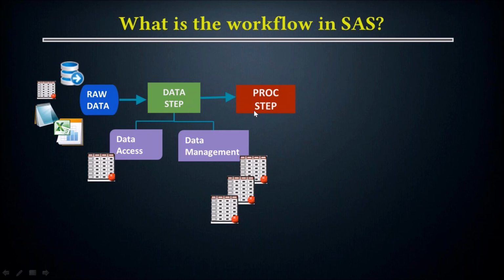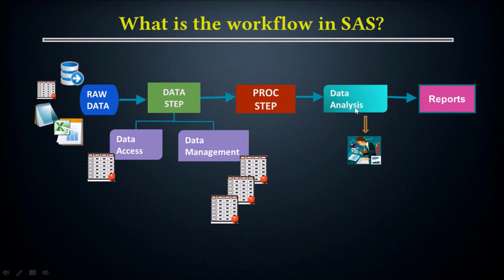After processing these data sets, we can generate some analysis data sets by doing data analysis. From those analysis data sets, we can generate the reports. As I told you, reports are of 3 types: tables, listings and figures or graphs. Is it clear?